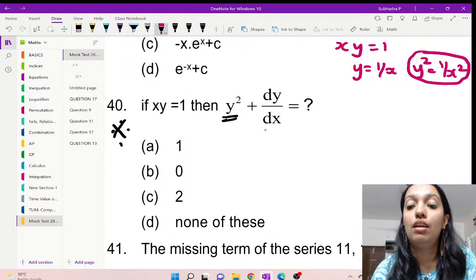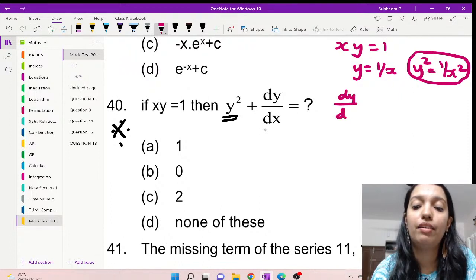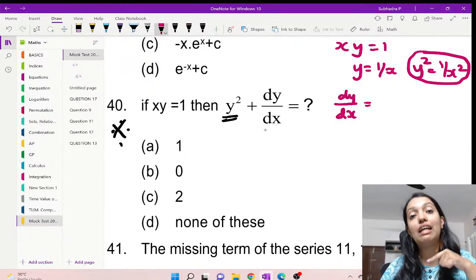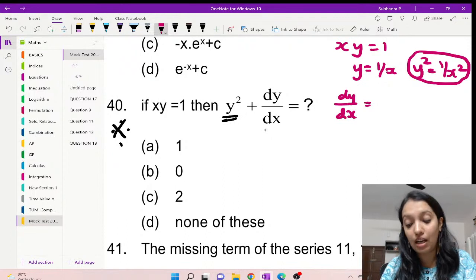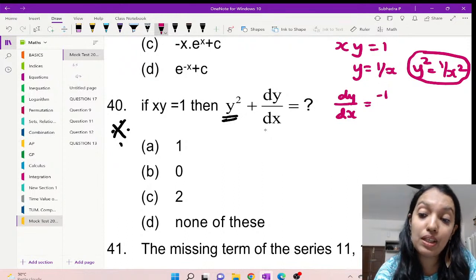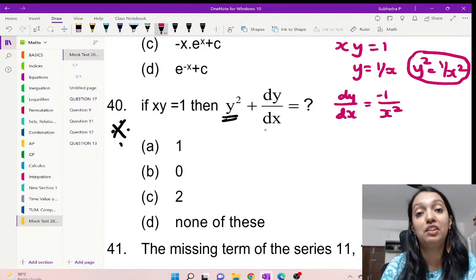And if y is equal to 1 by x, what is derivative of y with respect to x? Directly apply the 1 by x formula. What is it? Minus 1 divided by x square. Minus 1 divided by x power n. Remember that.